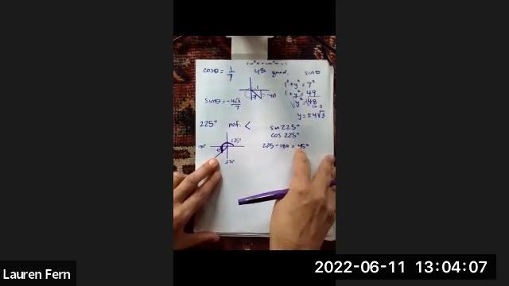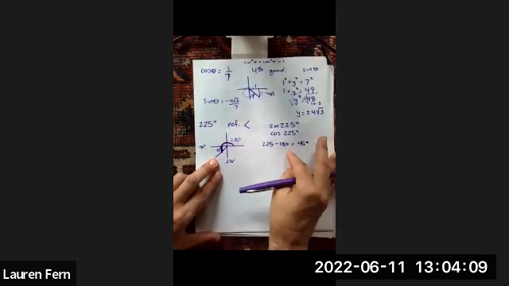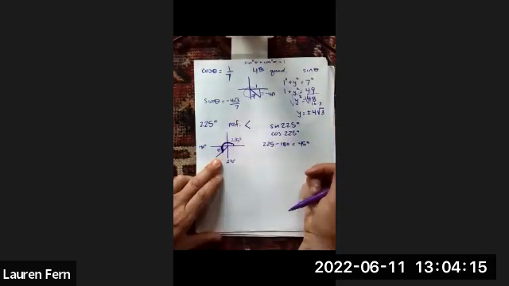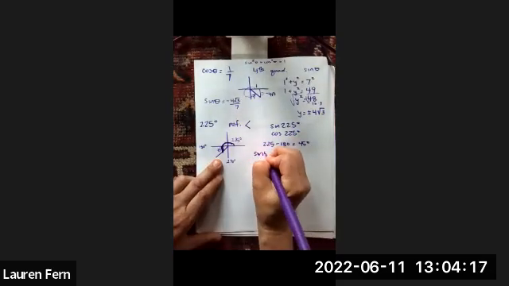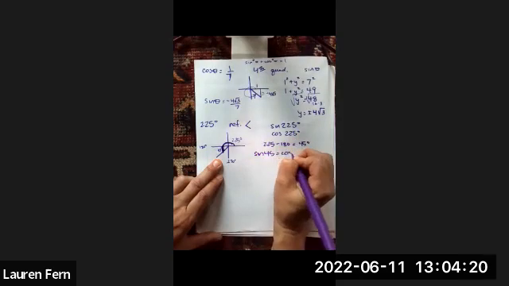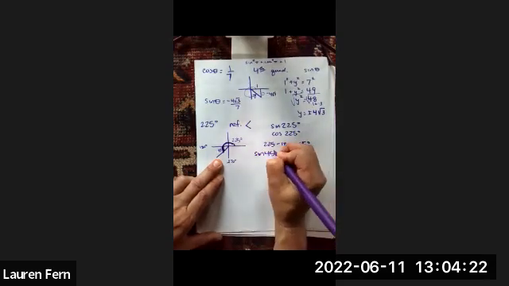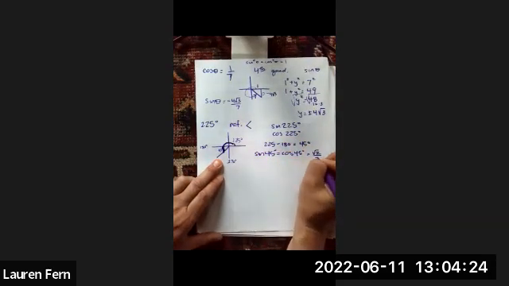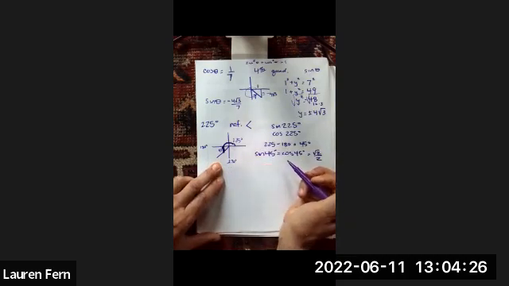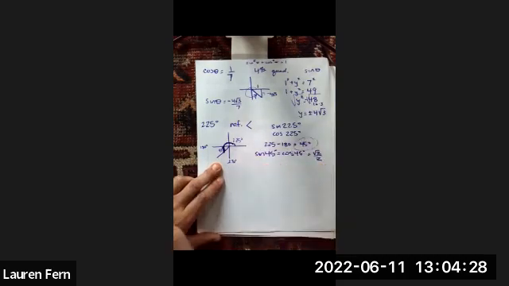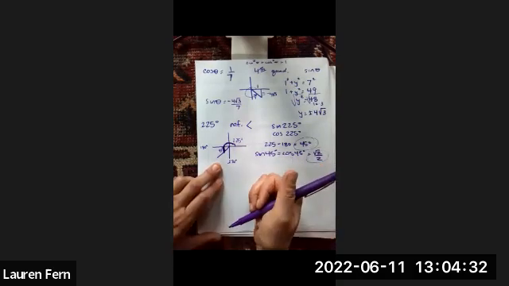Okay, this is going to be one of those angles that you know because 45 degrees, 30 degrees, and 60 degrees are just all over the place. We know that the sine of 45 is the same as the cosine of 45, and that's root 2 over 2. So remember, step 1, find your reference angle and find the sine and cosine of that reference angle.